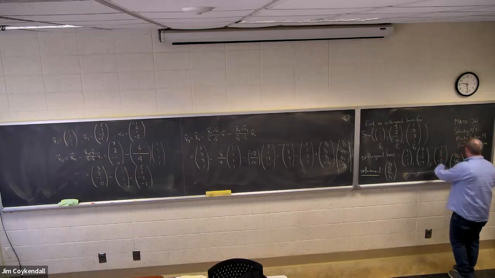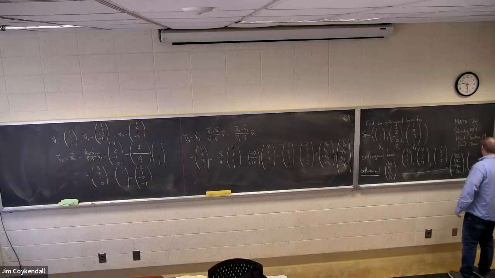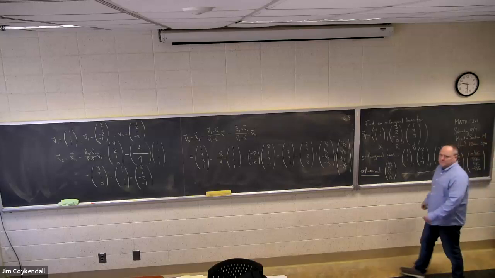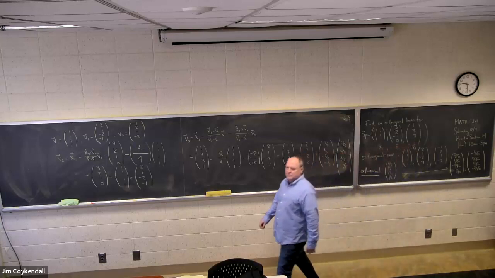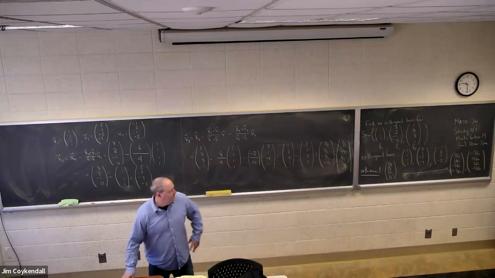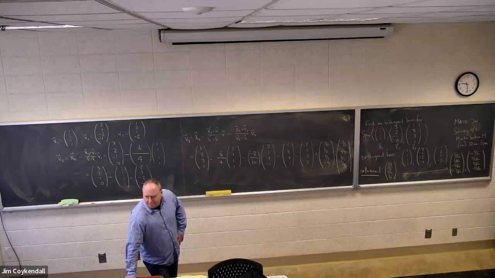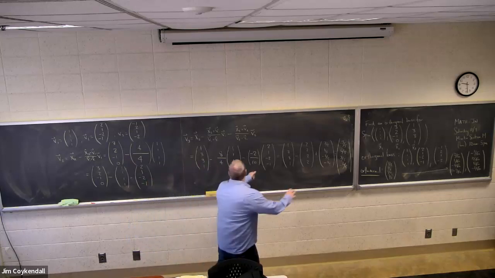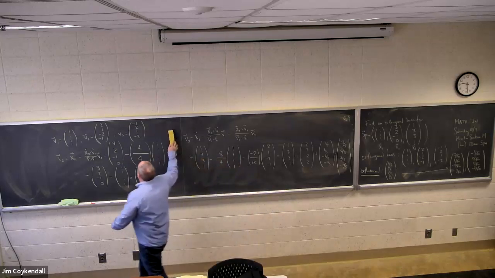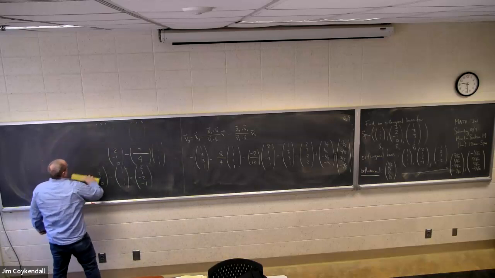And this one has the same length, also radical 10. So it's minus 1 over radical 10, 2 over radical 10, 1 over radical 10, minus 2 over radical 10. Everybody okay with that? Any questions on that? I'm going to do this problem again.